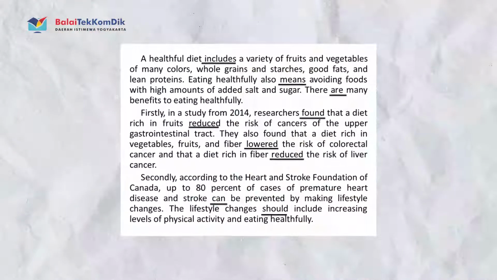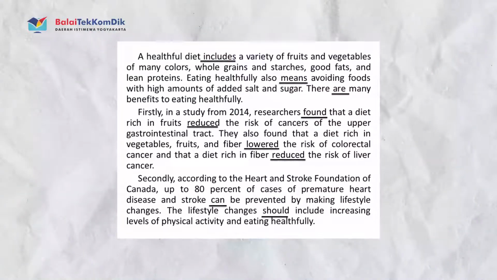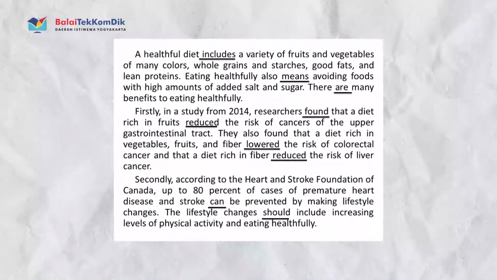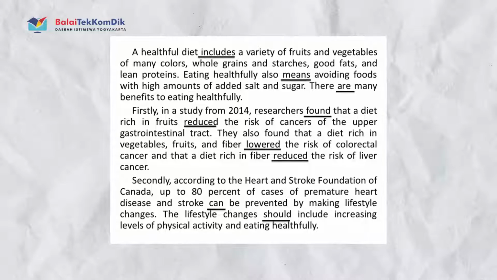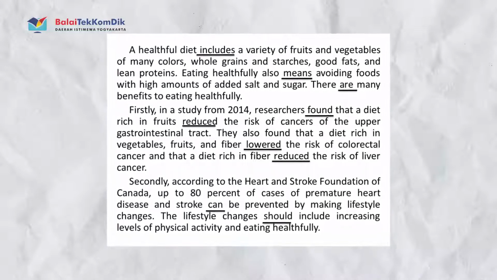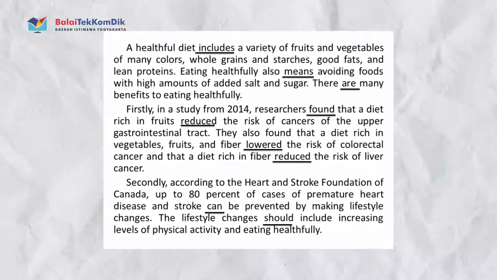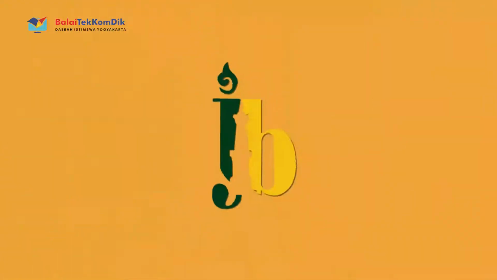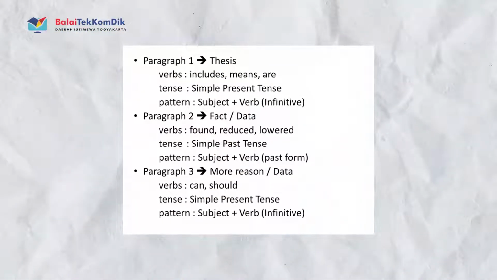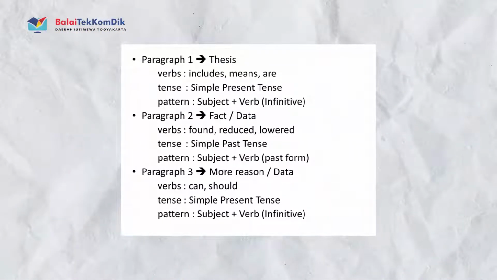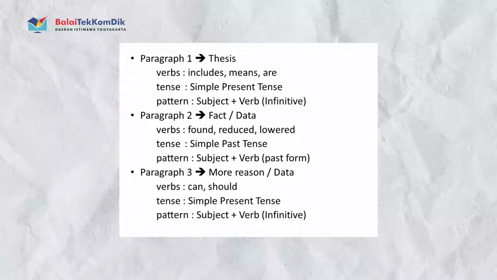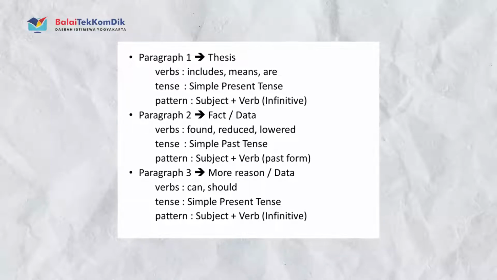Let's identify the verbs used in every sentence. Here we go. We have includes, means, are, find, reduced, lowered, can, and should. Paragraph 1, which is the thesis, can be concluded as simple present because the verb forms used are infinitive verbs.